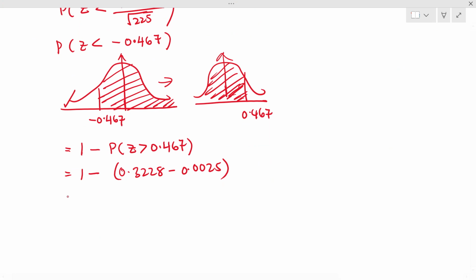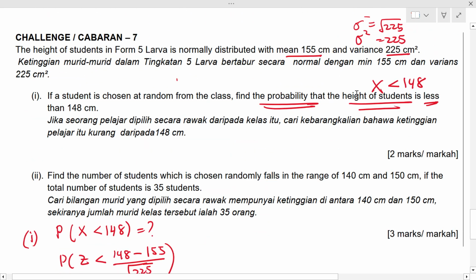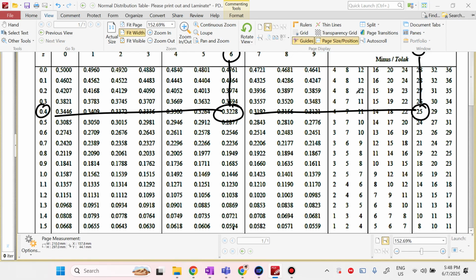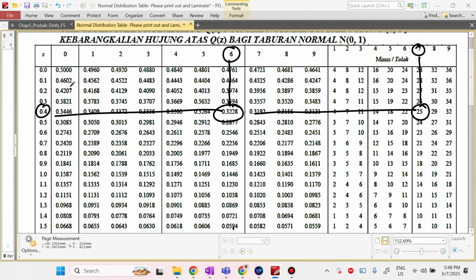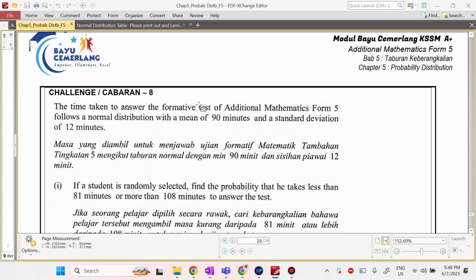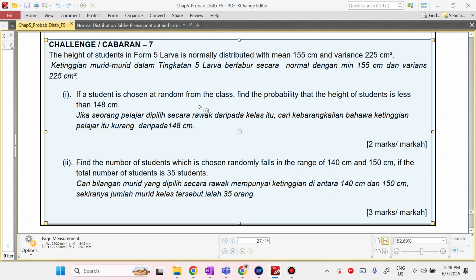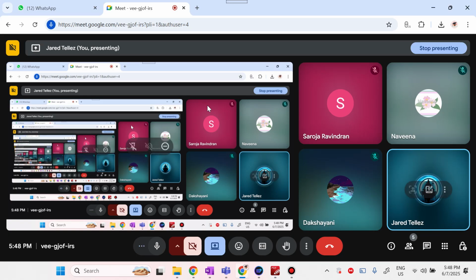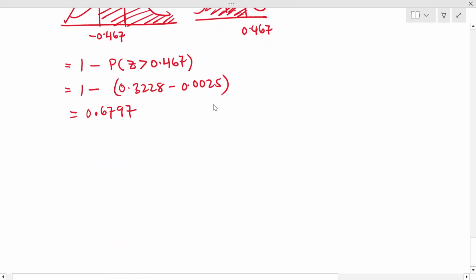Now you calculate. I'm getting 6797. No answer for this. Oh my god, there is no answer. Okay, just take my answer as your final answer. Did you get any other different answer? Please let me know.